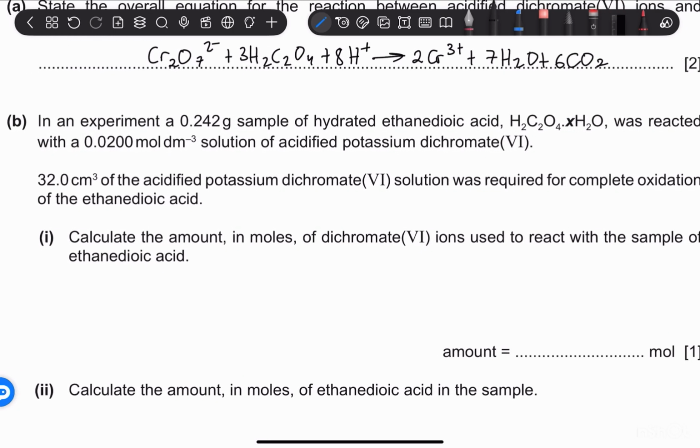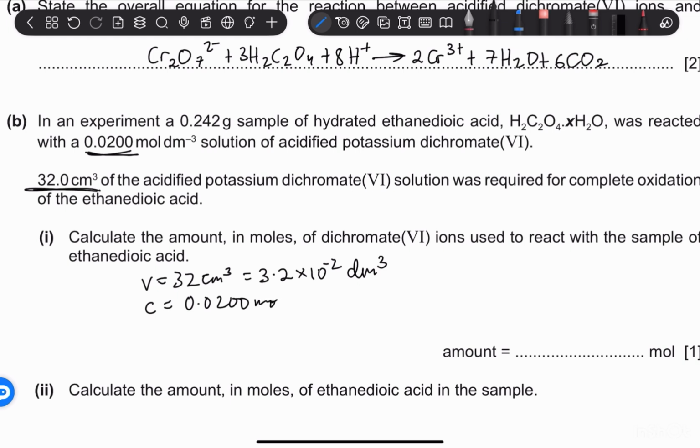So the dichromate ions, our volume is 32 cm3, which is actually 3.2 times 10 to the power minus 2 dm3. Our concentration of the dichromate solution is 0.0200.